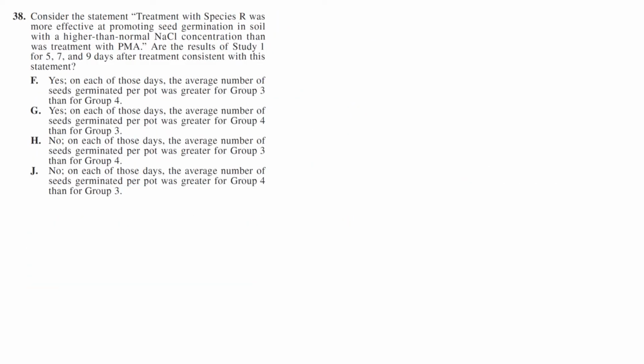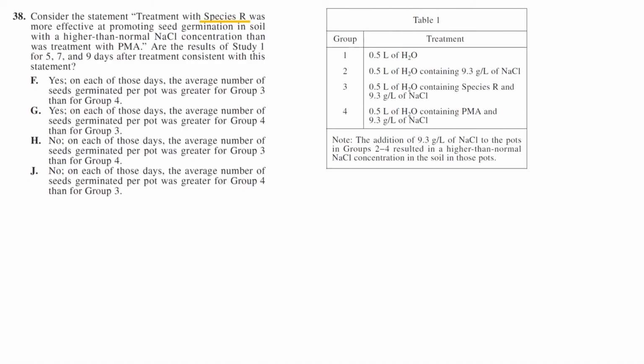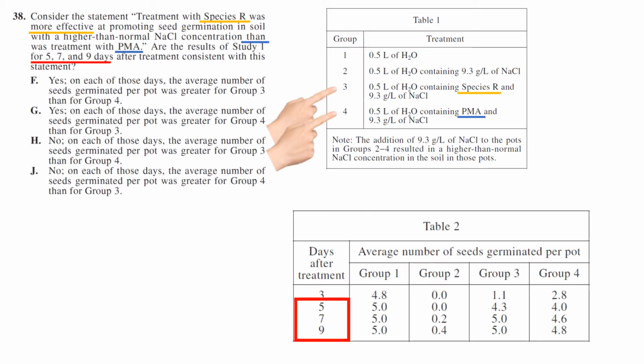Consider the treatment with species R. So let's find species R treatment. You'll see that in table 1, and species R is in group 3. Was more effective at promoting seed germination in soil with a higher than normal NaCl concentration than with a treatment of PMA. So PMA is group 4 for 5, 7, and 9 days. So the treatment days are in table 2.